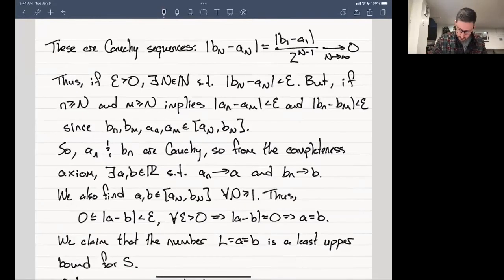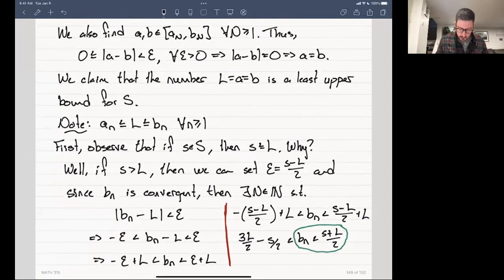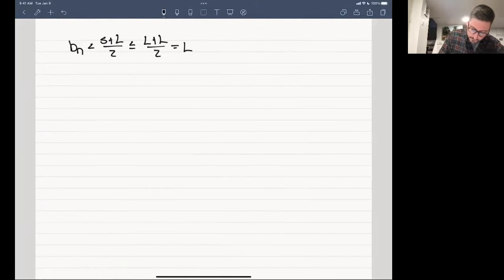Well, let's take a look. We assumed from my note here that L is less than or equal to Bn. We actually didn't assume it, we know this. And so this is impossible, since L is less than or equal to Bn.